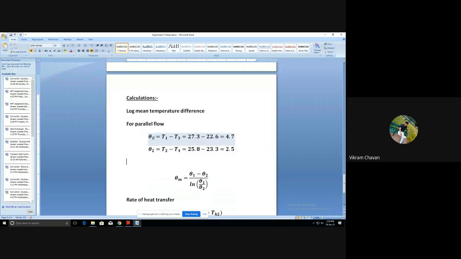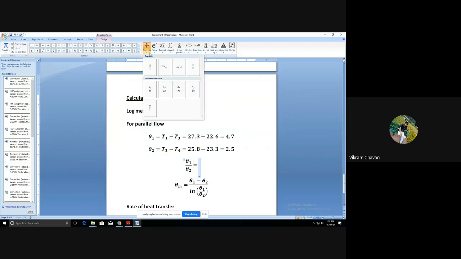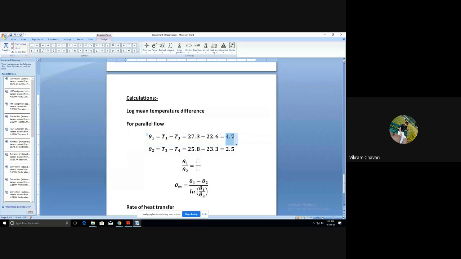These two are not the same, so theta 1 is different than theta 2, and it does not require the L'Hospital rule to apply here. We have to check the theta 1 to theta 2 ratio. Theta 1 is 4.7 and theta 2 is 2.5.